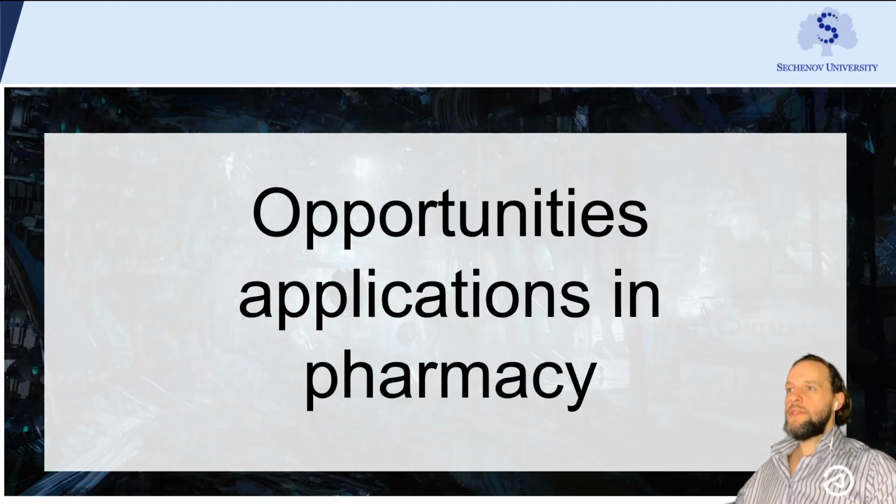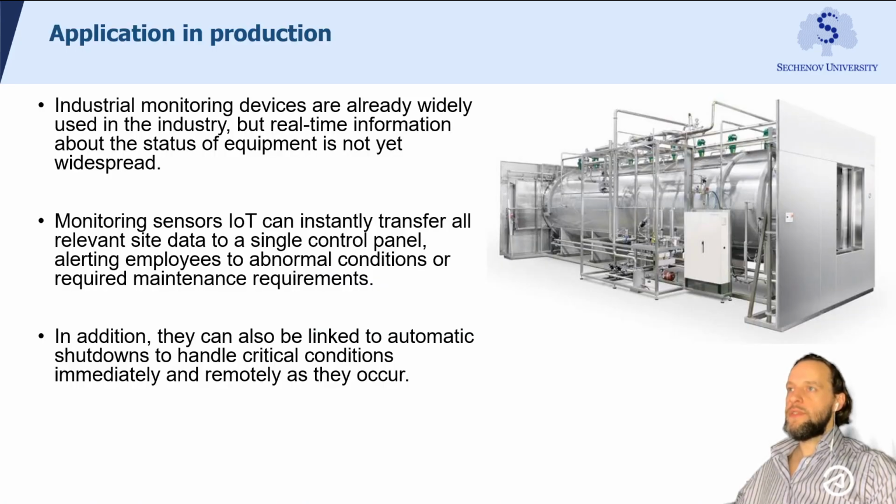Let's cover some opportunities for application in pharmaceutical technologies. Of course, it is related to industry application. In general, there will be lots of types of measurement devices on chemical plants and pharmaceutical plants, gathering data and controlling how the manufacturer is working, and controlling processes and personnel.